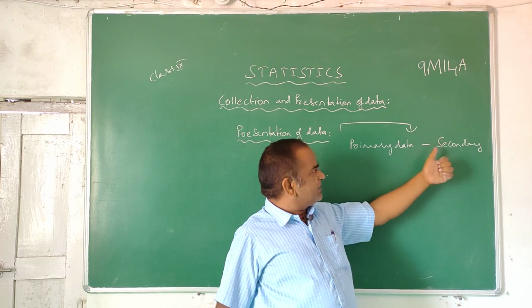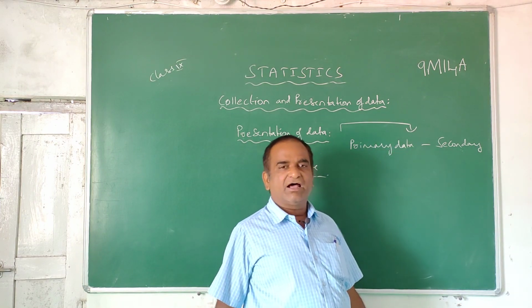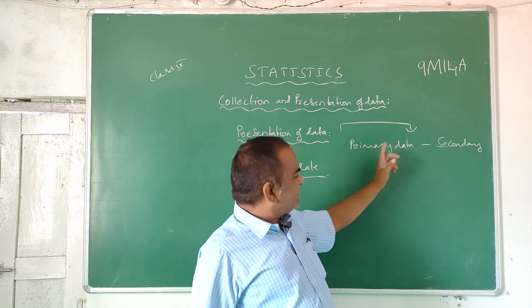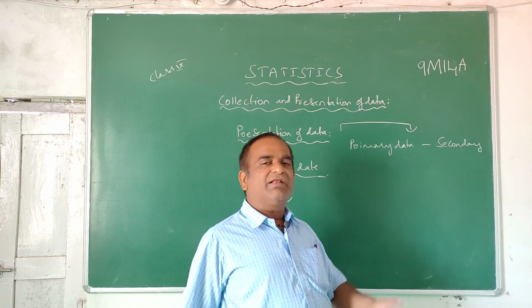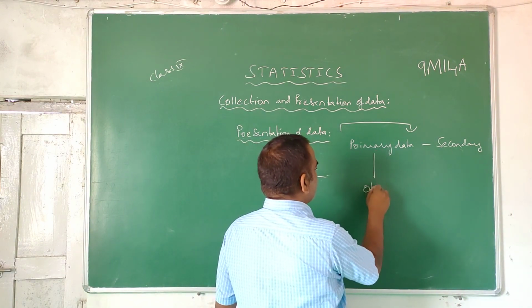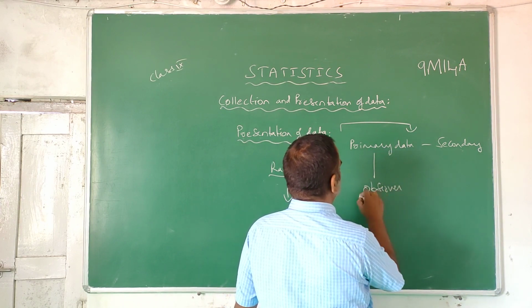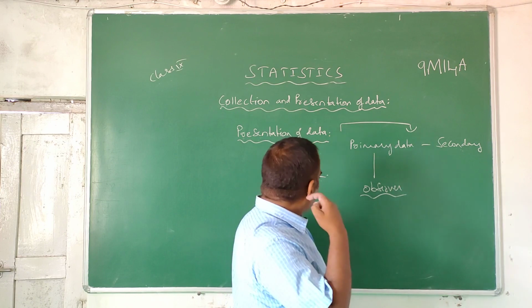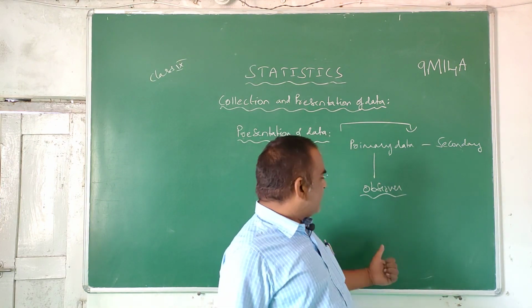So types of data: there are two types of data, primary data and secondary data. Primary data means the data collected by the observer himself. The data collected by the observer himself is called primary data.